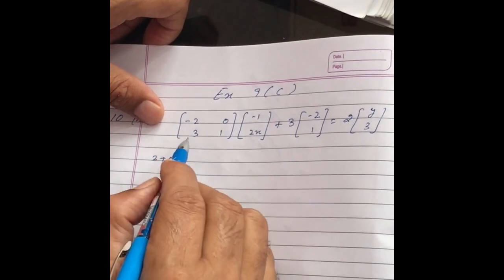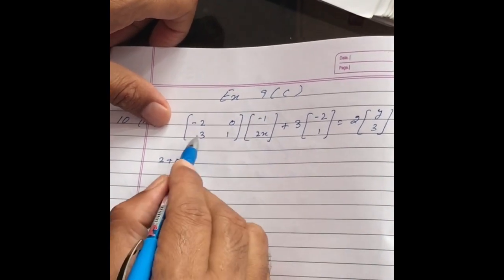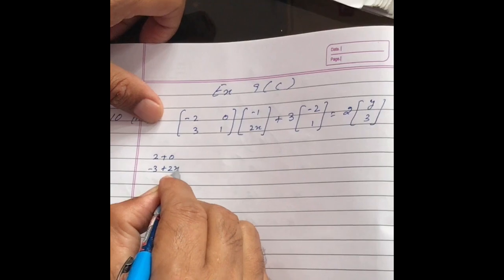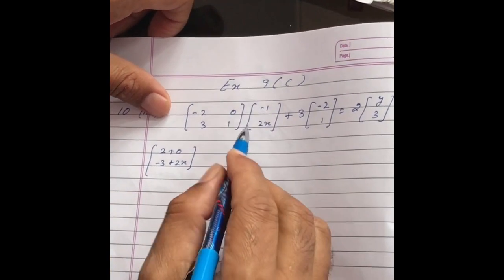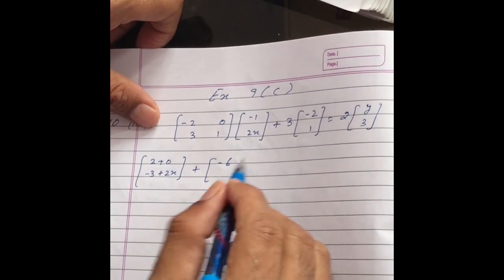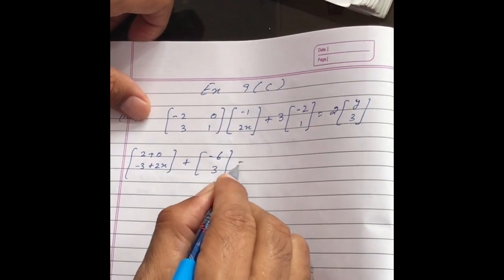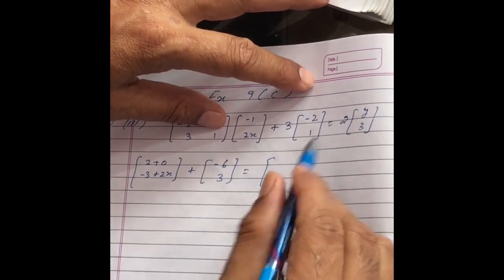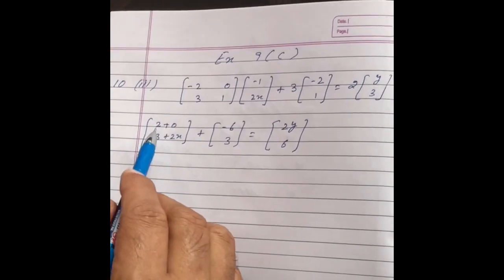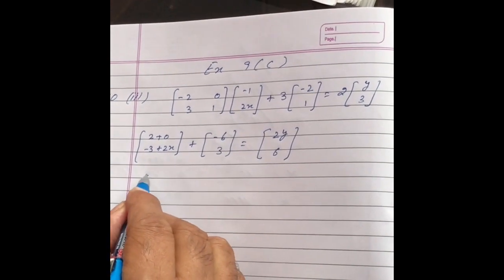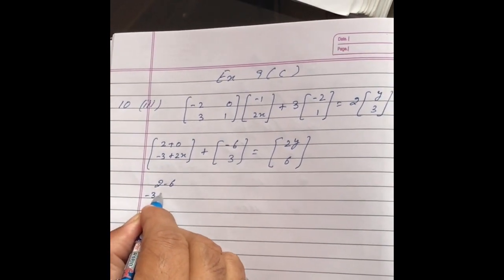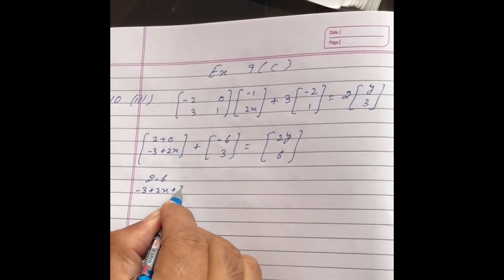Now there is no second column, so second row, first column: 3 into -1 is -3, 1 into (2x + 3), I take inside, is 2x + 3. On the right side, -2 into 1 is -2, 3 into 1 is 3. Now add them: 2 plus 0 plus -6, that is 2 minus 6, and -3 plus 2x plus 3.